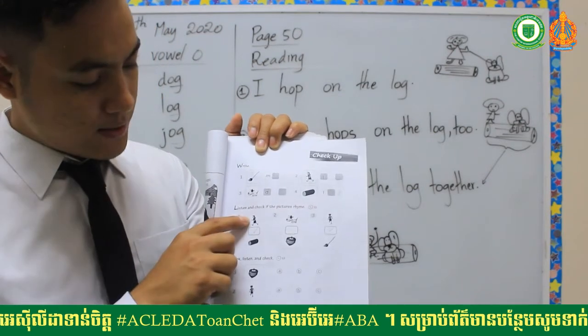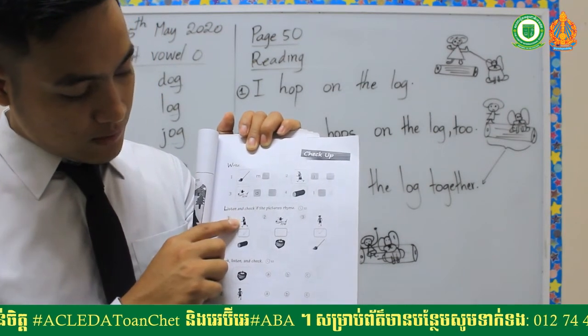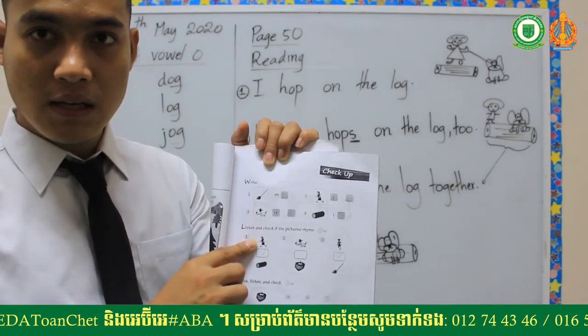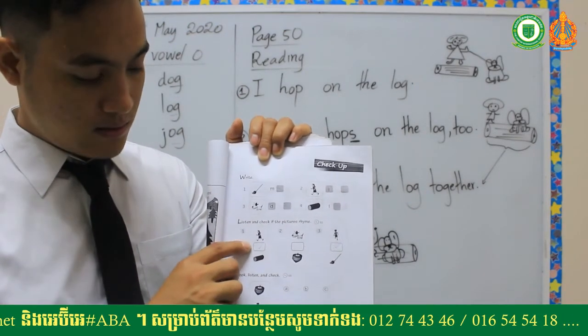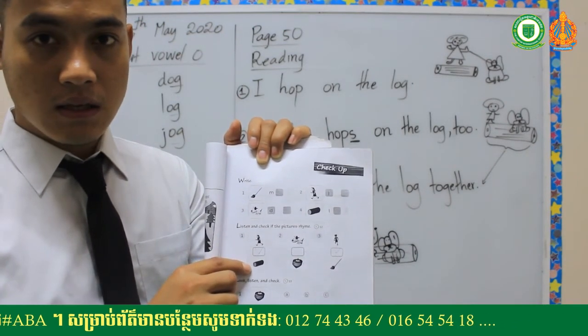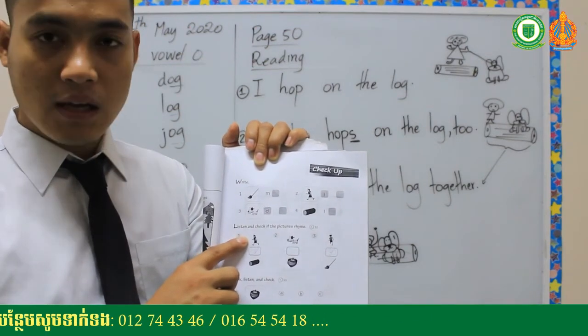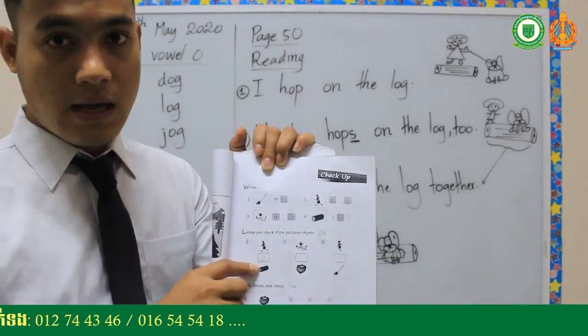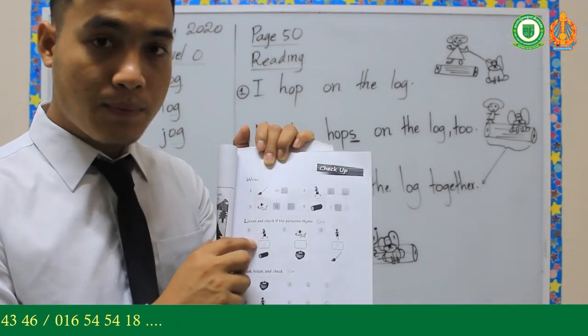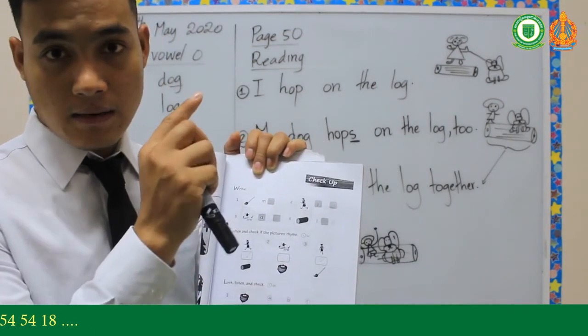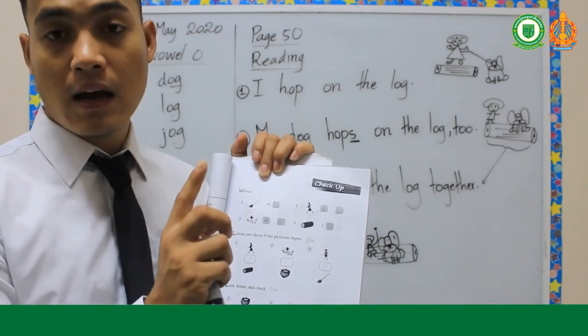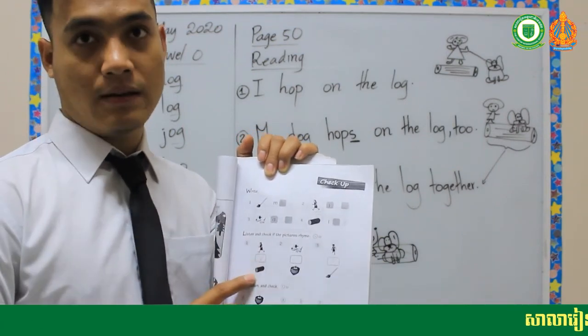Number 1 is jog, log, log, jog. After you hear it, if you think this one has the same rhyme, just check it. If not, no need to check it, okay?